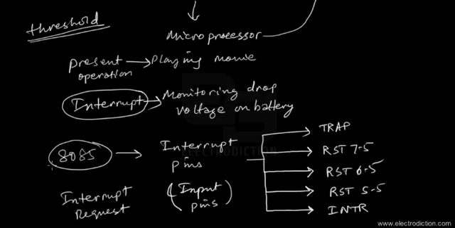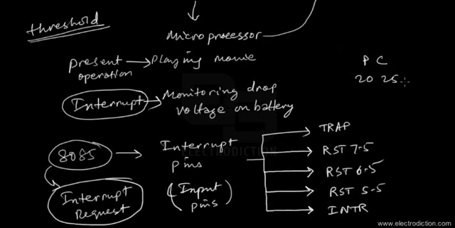Whenever the 8085 receives an interrupt request, the program it was executing stops at that point. Let's say the last instruction of the program that it just executed was present in the location 2025H.